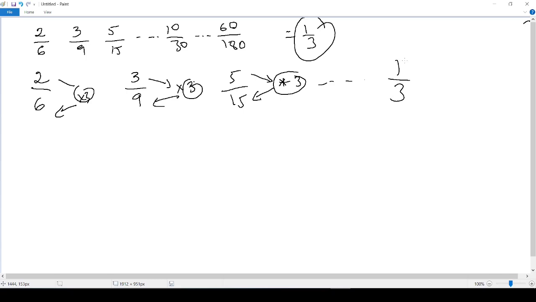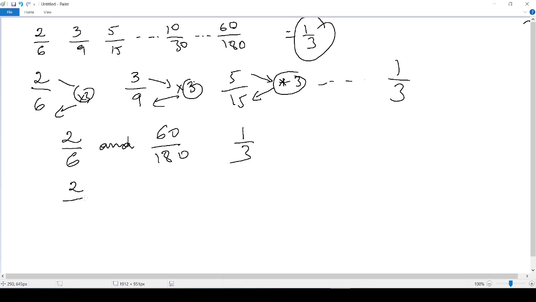So the first thing that we have to know is that fractions are equivalent when they represent the same number. And from our previous listing, 2/6 and 60/180, for instance, are equivalent because they all represent the number 1/3.